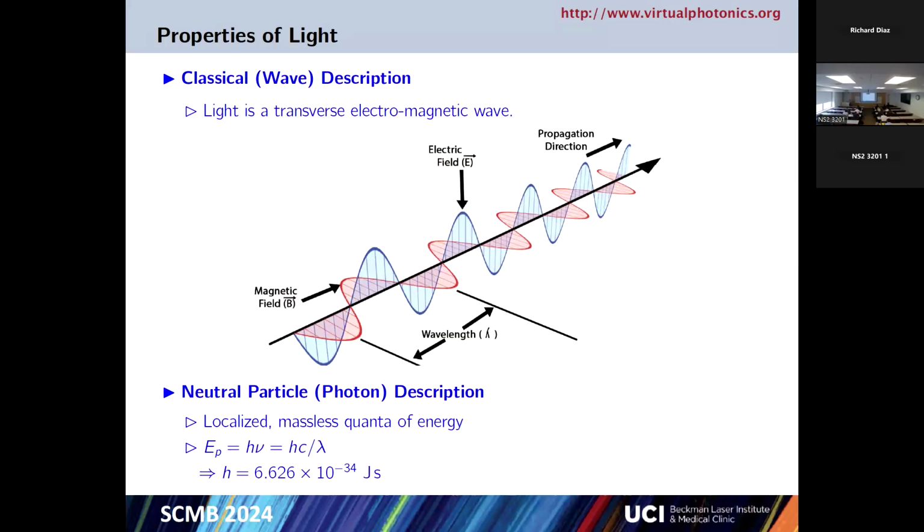And the energy of a single photon is linked to the oscillation frequency of light, nu, multiplied by Planck's constant. And there's a relationship between the frequency of light, nu, and the wavelength. So nu is c over lambda. So essentially, the higher the wavelength of light you utilize, the lower the individual photon energy is.